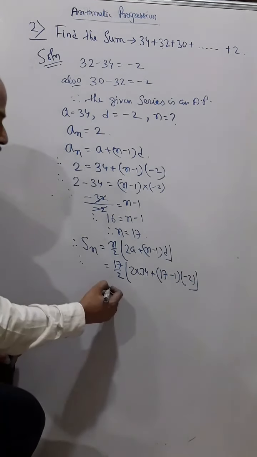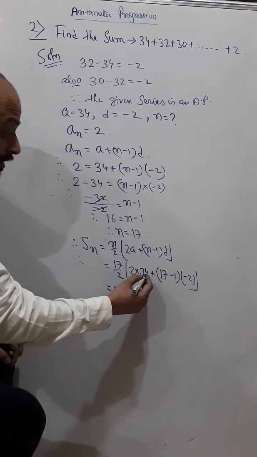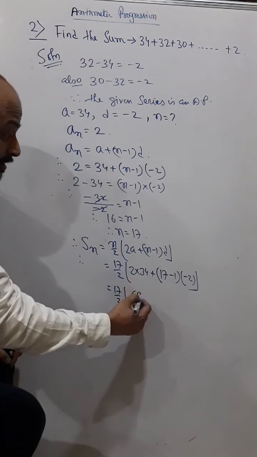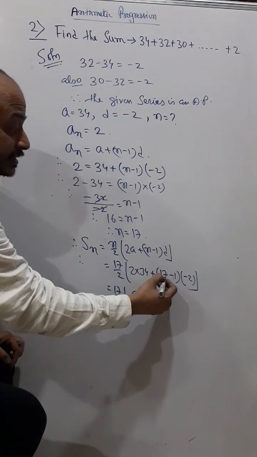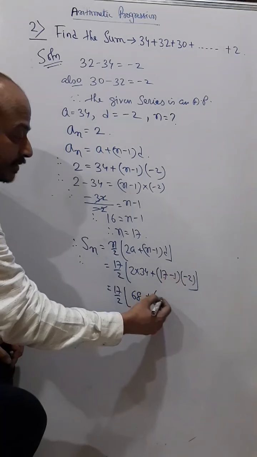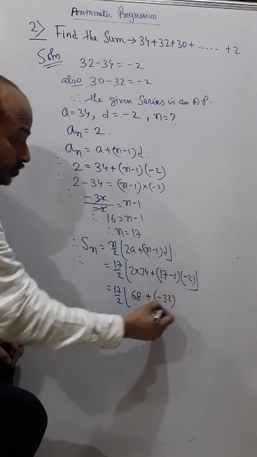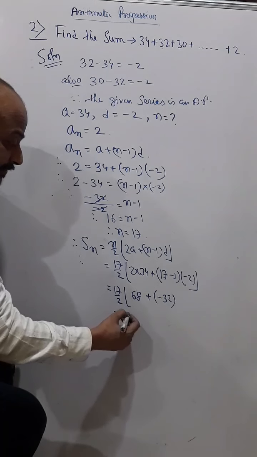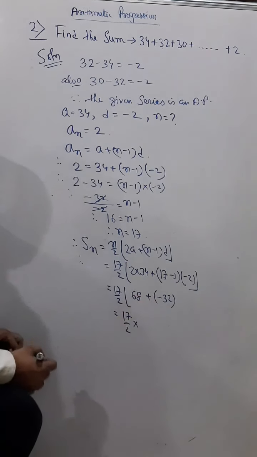So we got 17 by 2, then this is 68 plus 16 into minus 2, which is minus 32. So we are getting 17 by 2 into (68 minus 32).